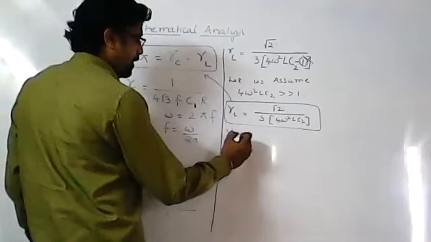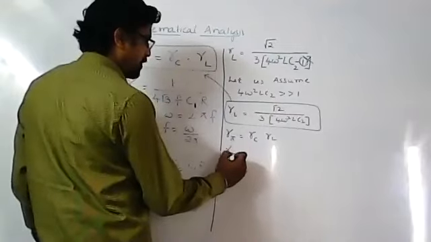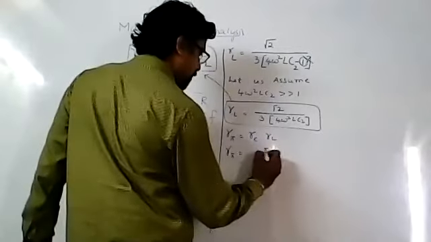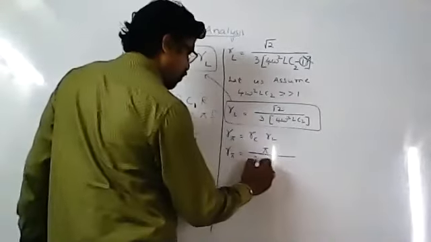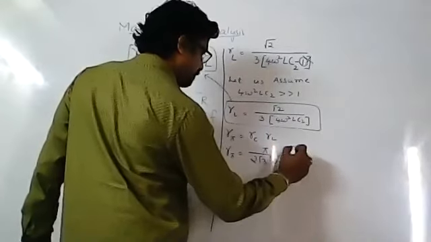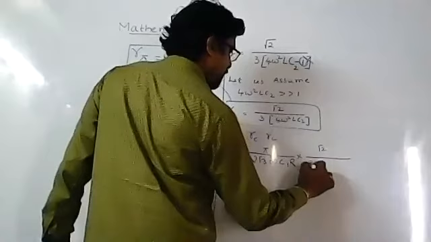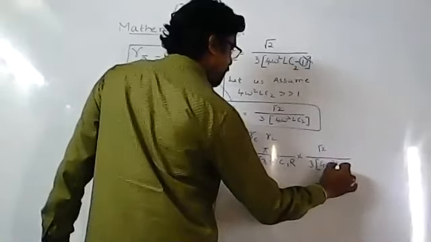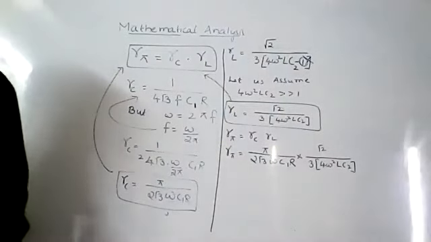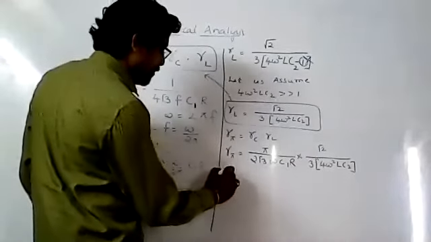So R pi is equal to RC into RL. What is RC? Pi divided by 2 root 3 omega C1R, into RL, root 2 by 3 into 4 omega square LC2. Now let us rearrange the terms.